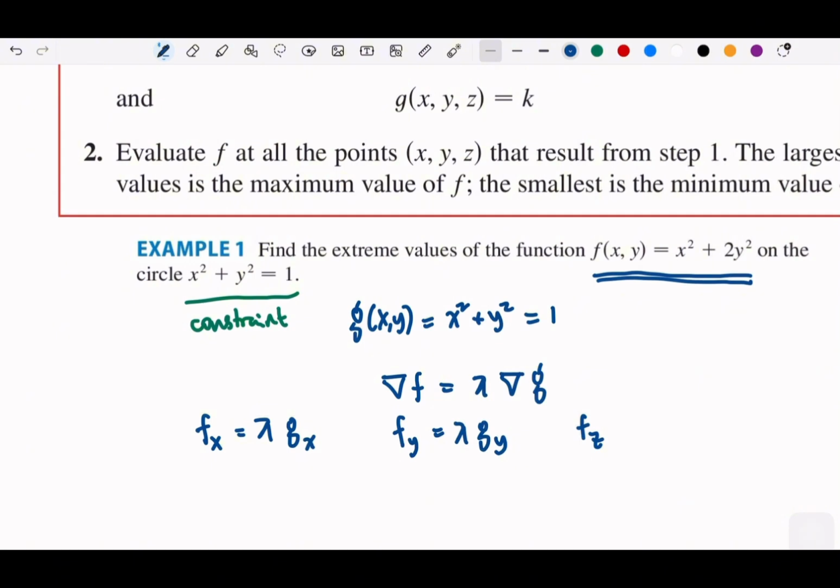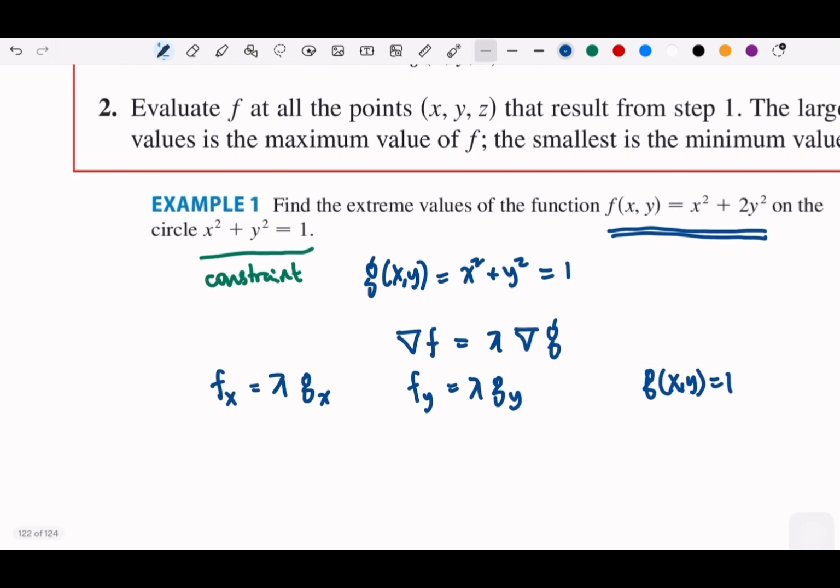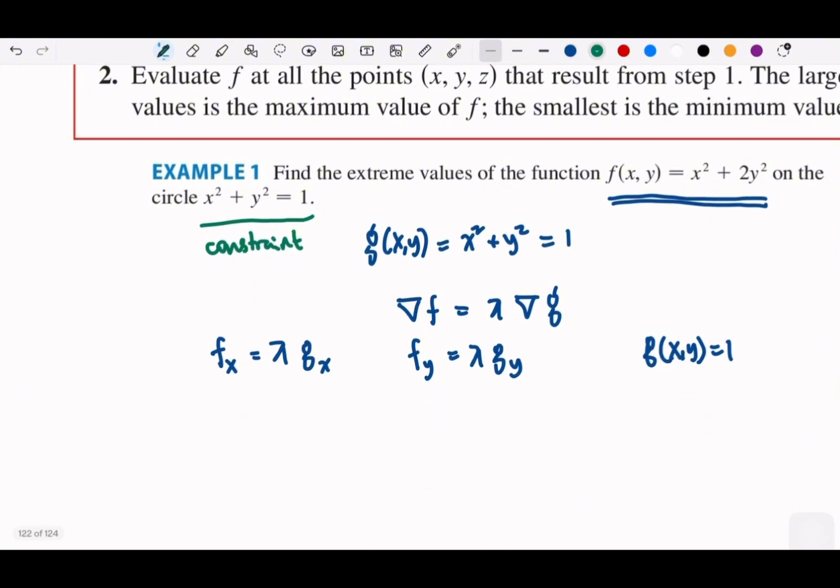And do we have partial z? Oh no, we only have 2 variables. Okay. And we have the constraint g(x, y) equal to 1. Okay, now start with the partial x. For f it will be 2x equal to lambda times the partial of g with respect to x, which is 2x, right?